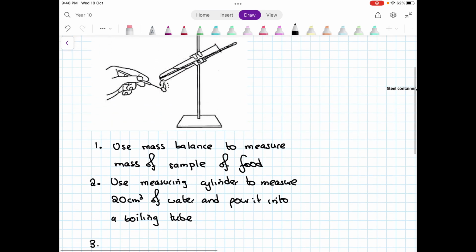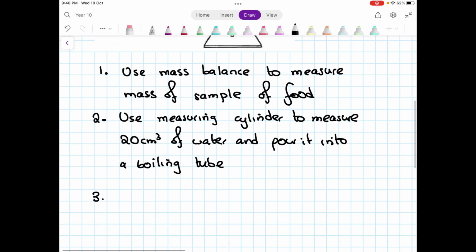Next, we're going to use a thermometer in order to record the initial temperature of the water.